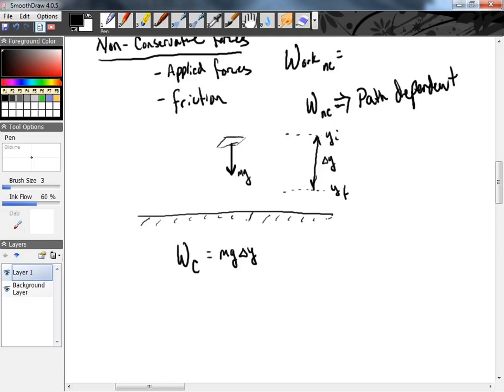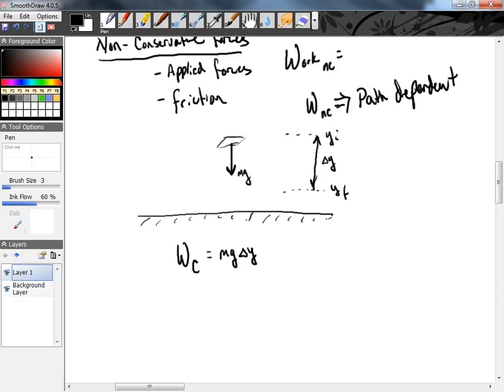And so when a conservative force does work, you lose potential energy from that conservative force. Follow me there? If gravity is doing work and it drops it from here to here, its potential energy will decrease. When that conservative force does work, your potential energy will decrease.